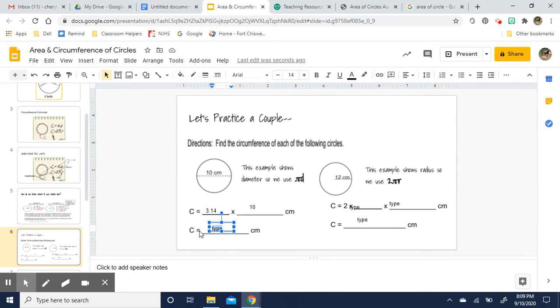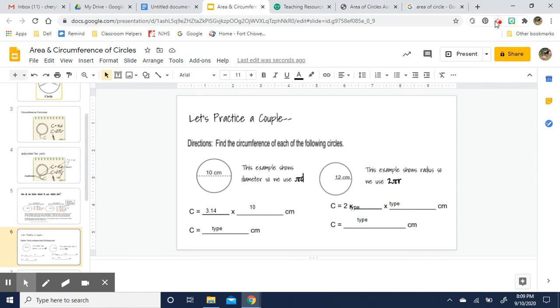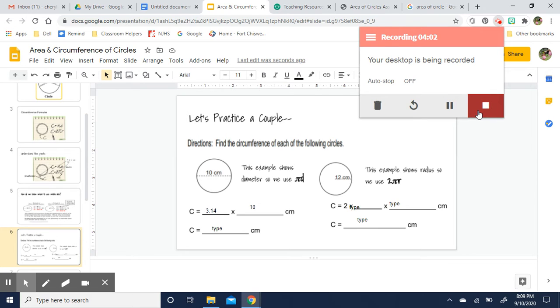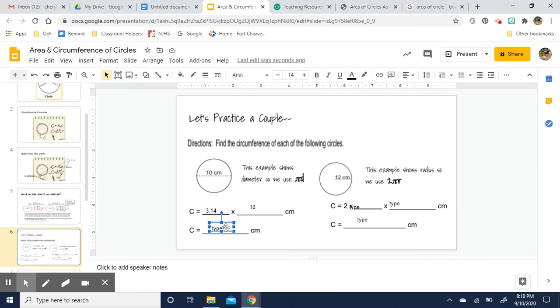And then we multiply 3.14 times 10. When we multiply 3.14 times 10, we're going to get 31.4. So right here, we're typing in 31.4.